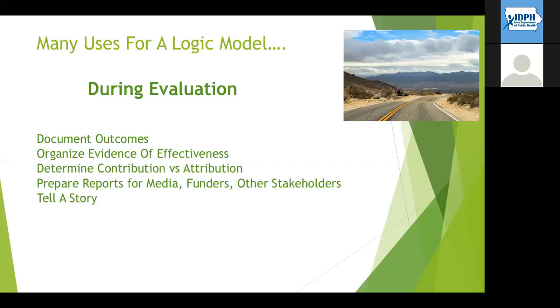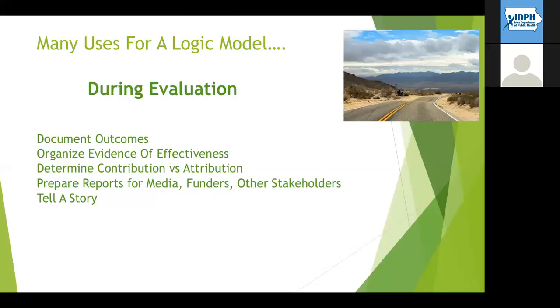If school A and the seventh graders report a change in knowledge, and school B that didn't have the program doesn't have any change in knowledge, then we're going to be able to say that our program actually created this change. We're going to be able to take full credit for it.